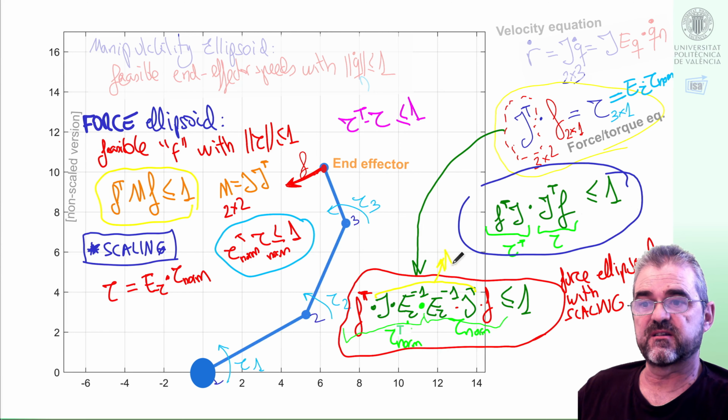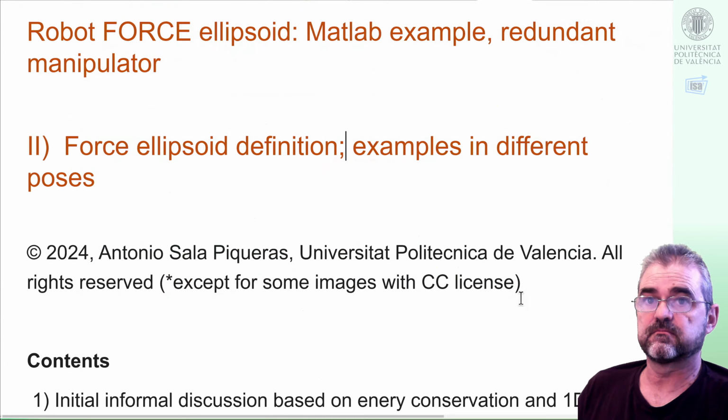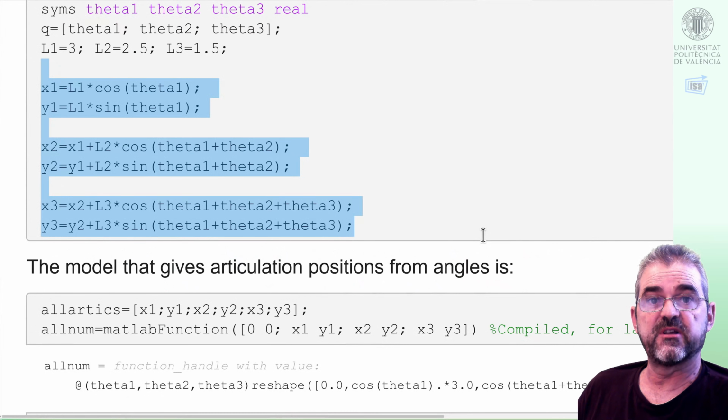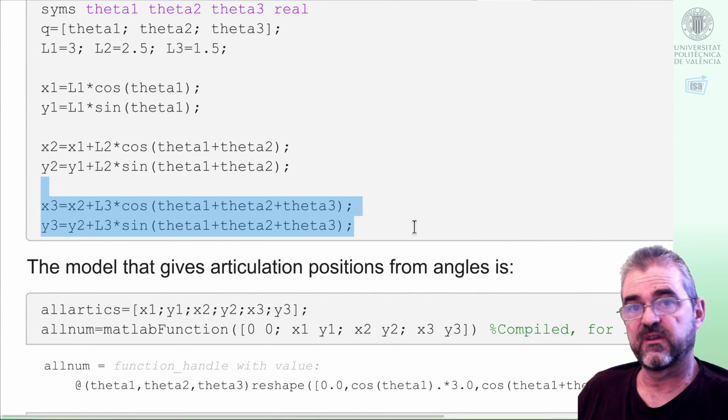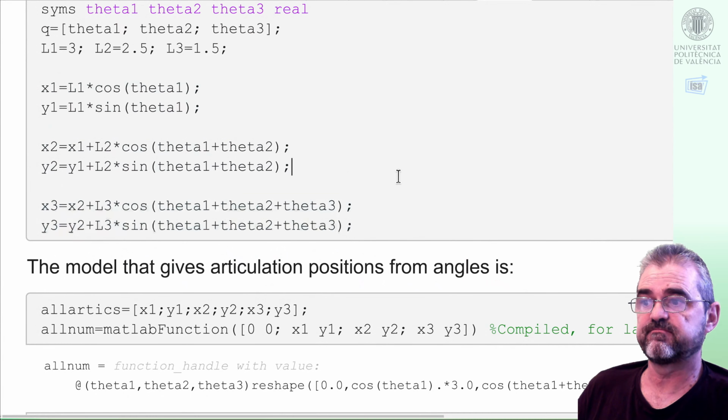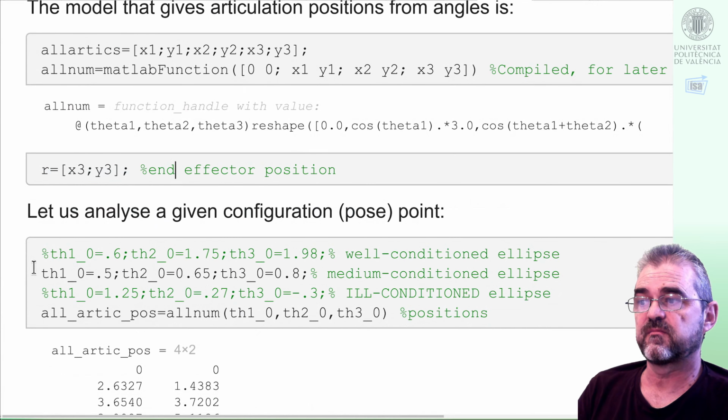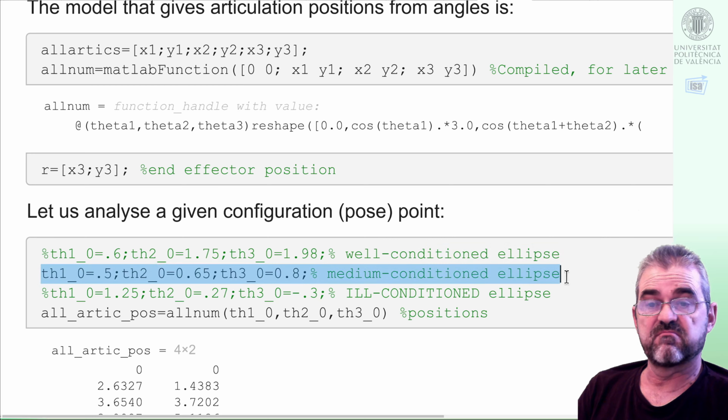We'll name this matrix as M and we'll draw the ellipsoid. That's it. So we'll have a manipulator with these equations being x3, y3, the end-effector position R. We'll study some poses. For instance, the first one will be this one.